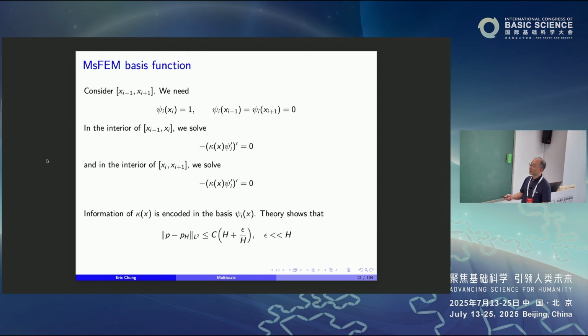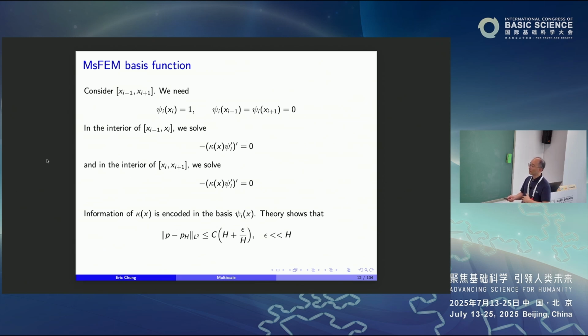This is what we mean. If you consider this subinterval from x_{i-1} to x_{i+1}, at the nodal point x_i you require the basis to be 1, and at the other two nodal points you require it to be 0. This part is the same as the standard finite element method.